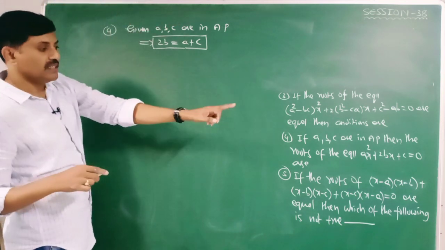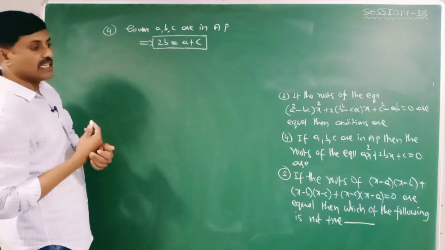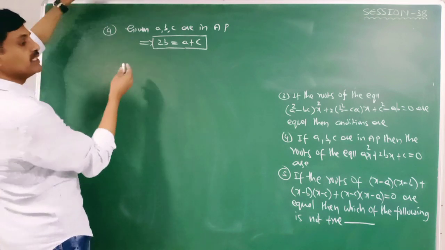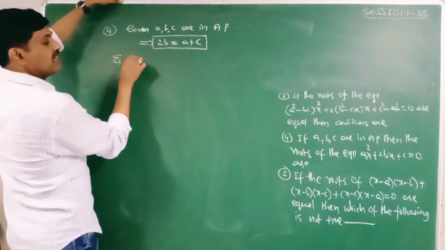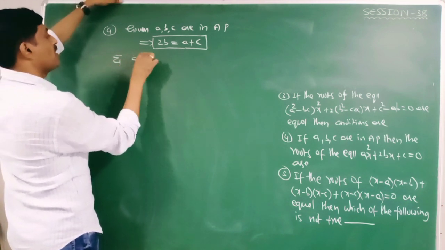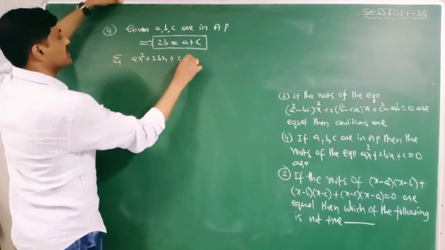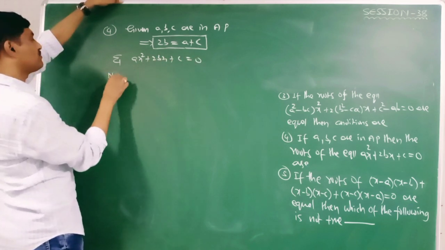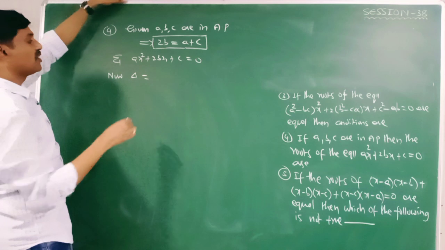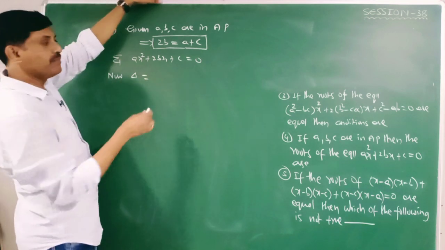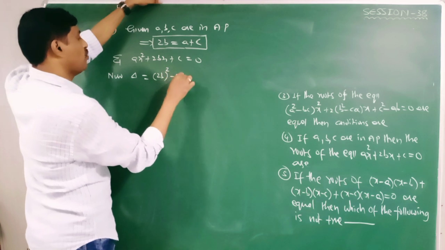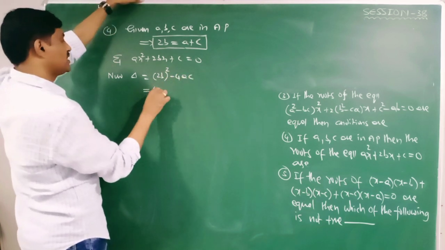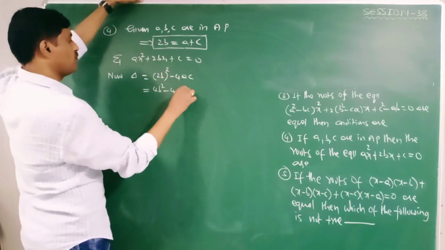We have to find the nature of this quadratic equation. Now find delta: delta = b² − 4ac, where b here is 2b, so delta = 4b² − 4ac.